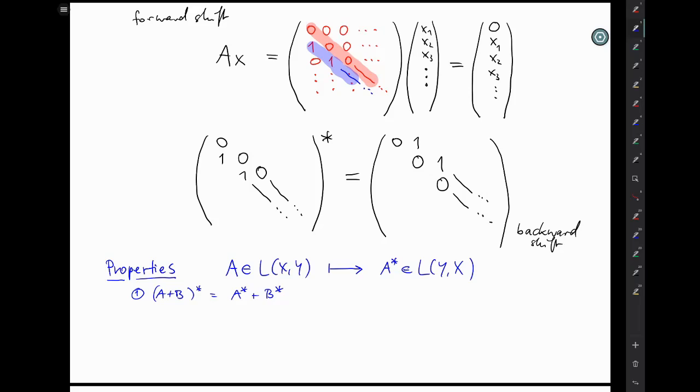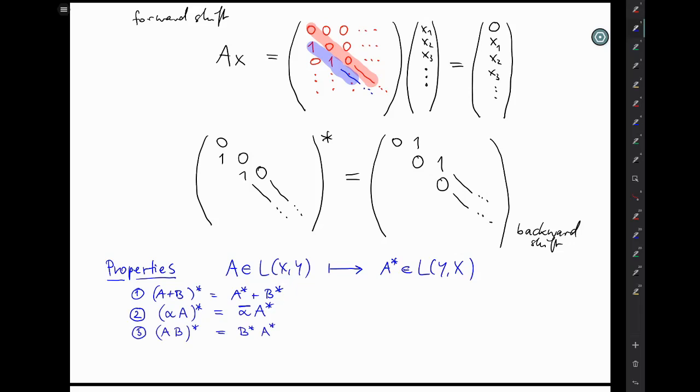Second property, the adjoint of alpha times A is, very important, alpha bar times the adjoint of A, because you know that taking the adjoint is also connected with taking complex conjugates.